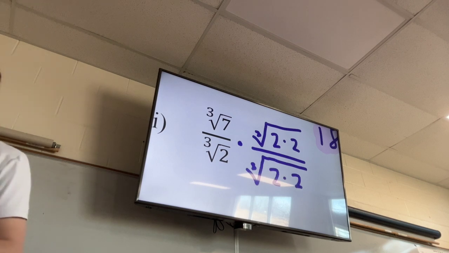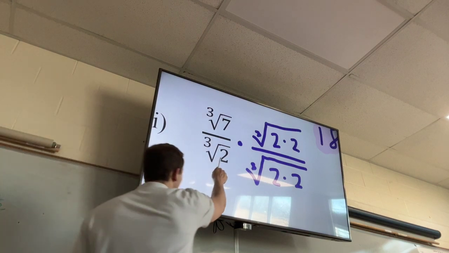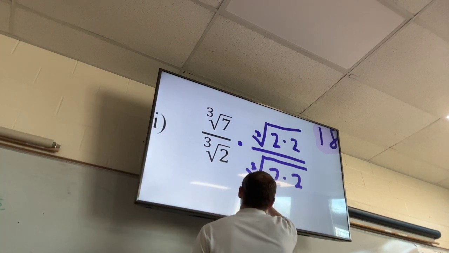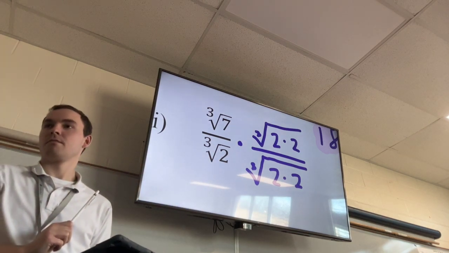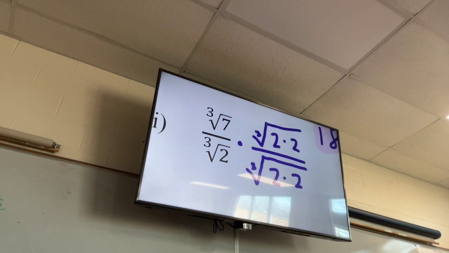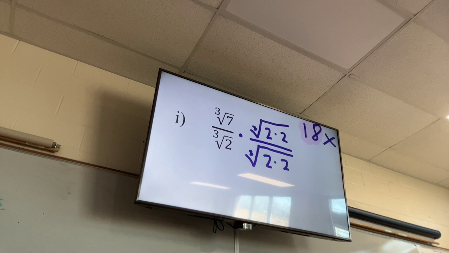All right. You guys see how it's a little different this time? Now I need 3 cube rooted 2's in my bottom, because I have a 3 on the outside, okay? So on the top, that multiplies to what? 7 times 2 times 2, 28.